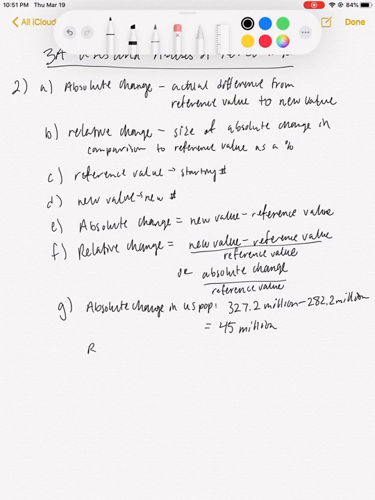And so the relative change in U.S. population between 2000 and 2018, I'm going to do the shorter formula for it, which is the absolute change over the reference value right here, these two.